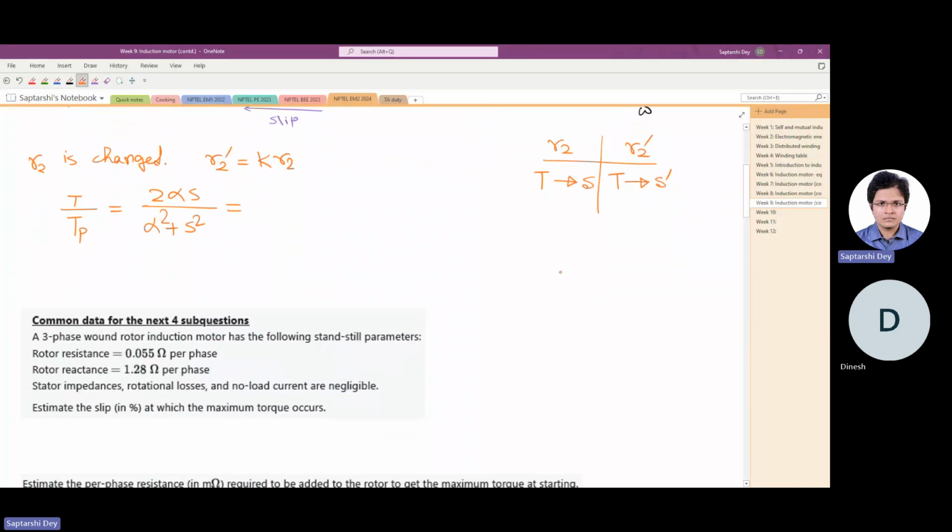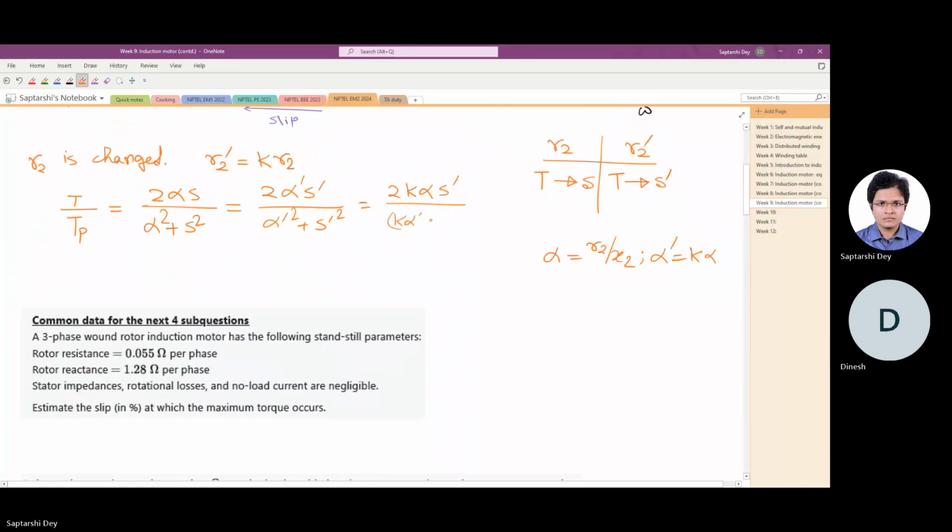Now, since alpha is R2 by X2, the new alpha prime is simply K alpha. So 2 alpha prime S prime by alpha prime squared plus S prime squared, we can write 2 K alpha S prime by K squared alpha squared plus S prime squared.